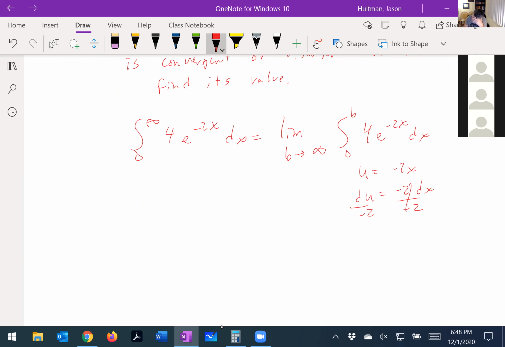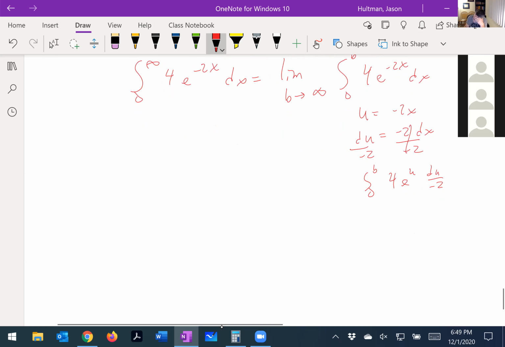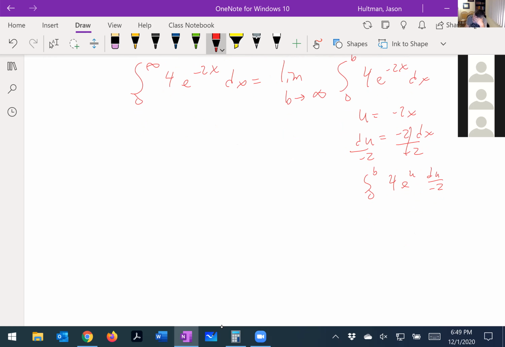Okay, and so this goes from 0 to b of 4 e to the u du over negative 2. Well, the integral of e to the u is just e to the u. So this is 4 over negative 2, which is negative 2. And this is just e to the u, evaluated from 0 to b.